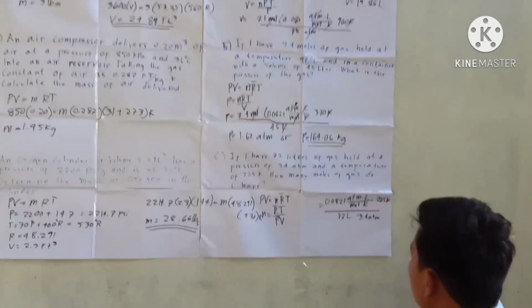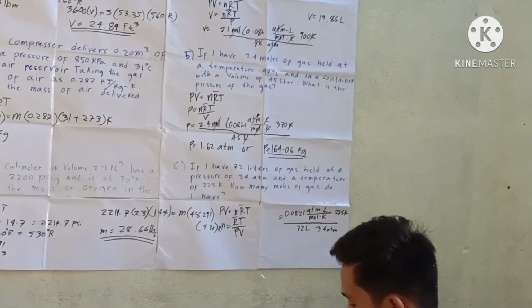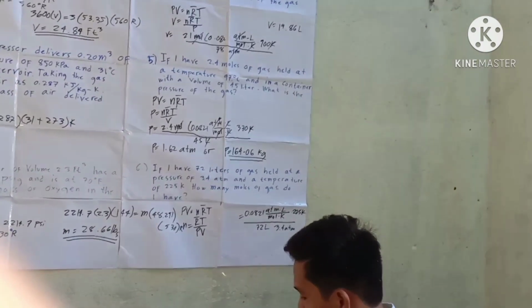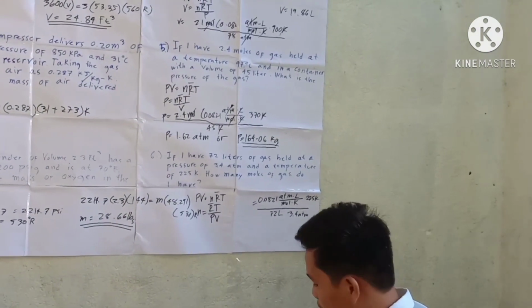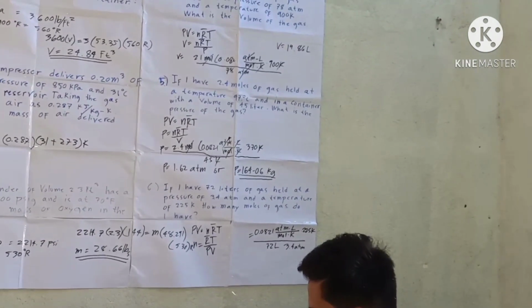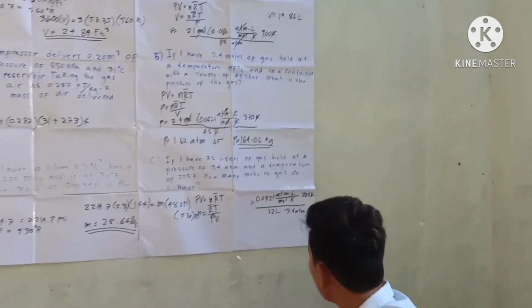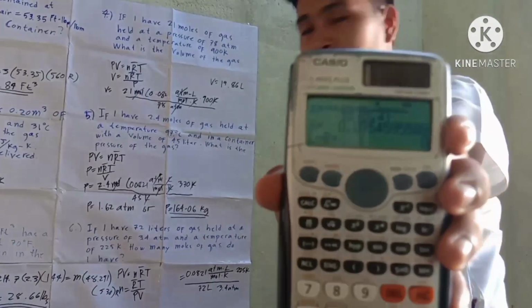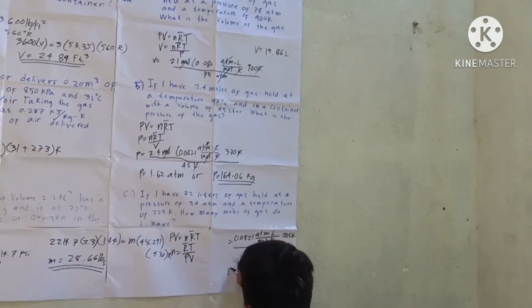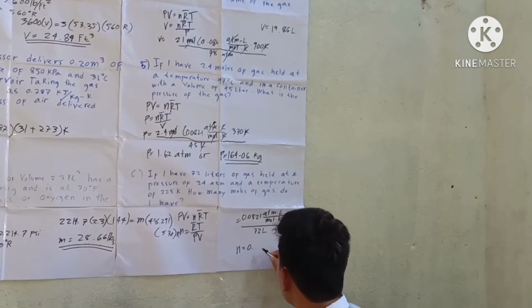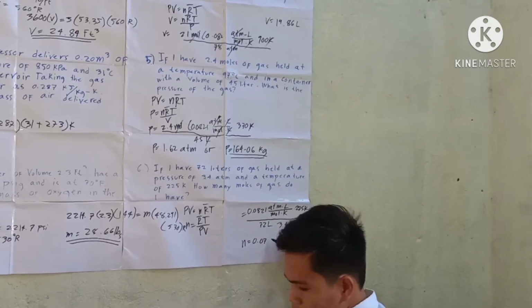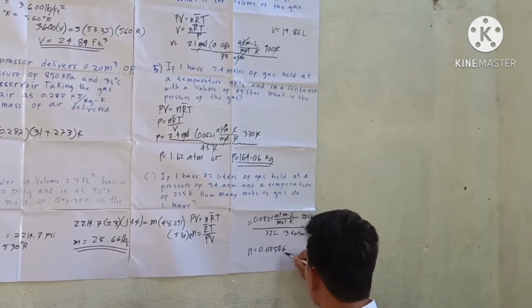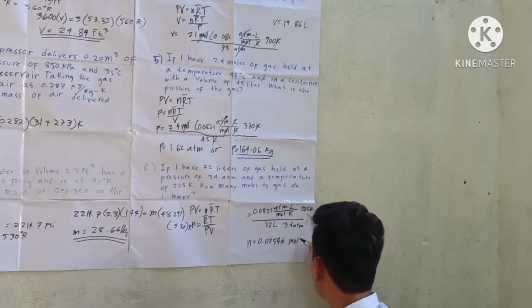So the number of moles is 0.075. So number of moles equals 0.07546.